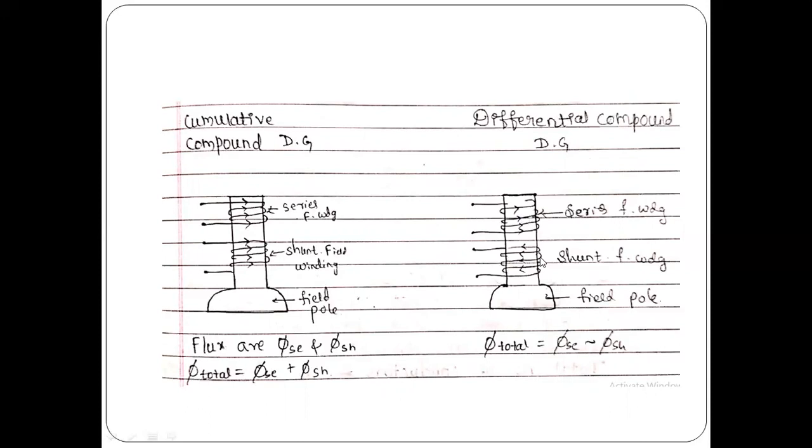If these two fluxes are differential, subtractive in nature, that is called a differential compound DC generator. Based on the flux, if they are additive it is cumulative, and if subtractive it is differential. We are classifying like this.